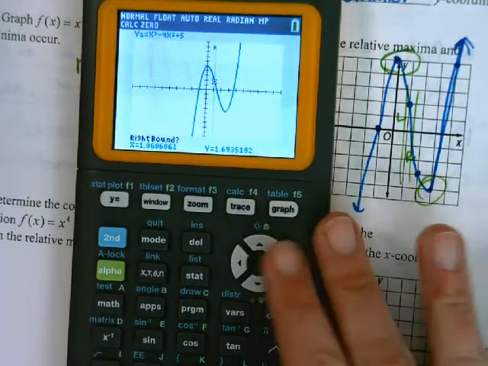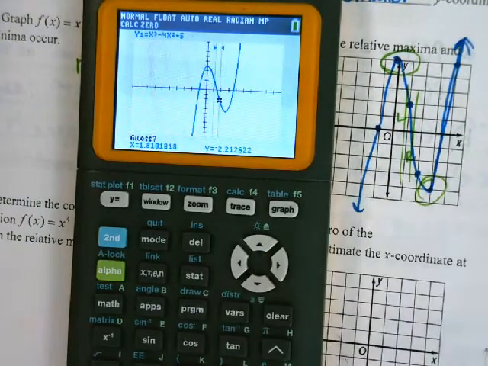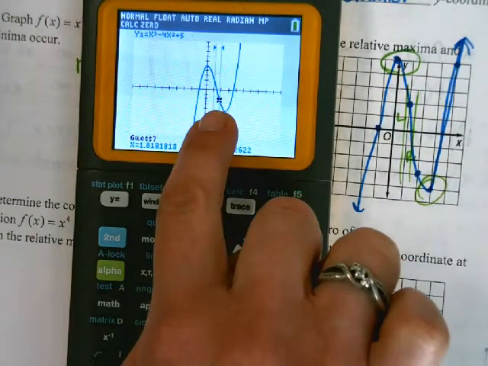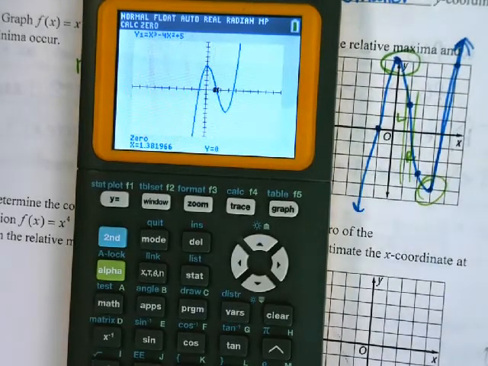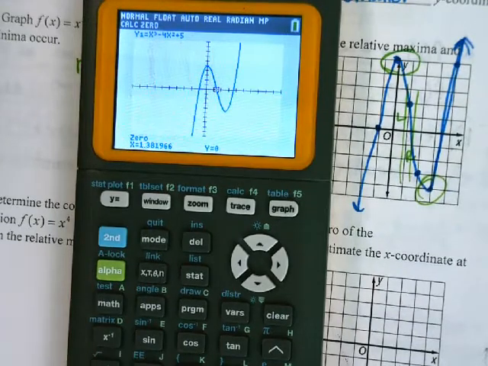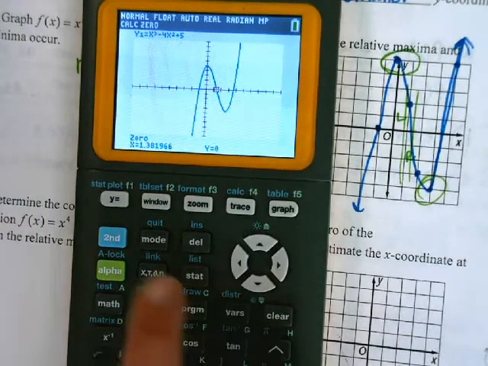Okay, so there's my left side, there's my right side. So I put 2 lines in there from my calculator, and I'm going to push enter to guess. We said it should be somewhere between 1 and 2. Hey, look at that, it's 1.38. Okay, let's find the other one.